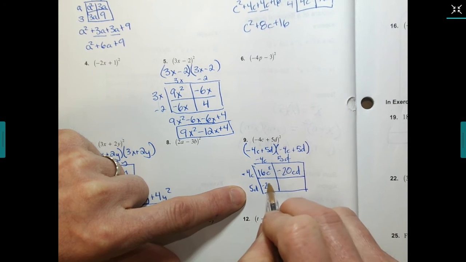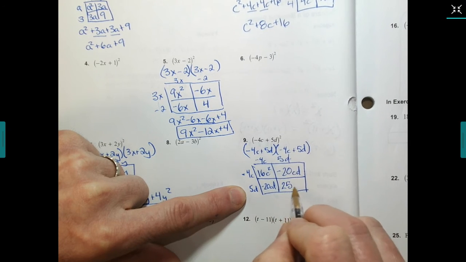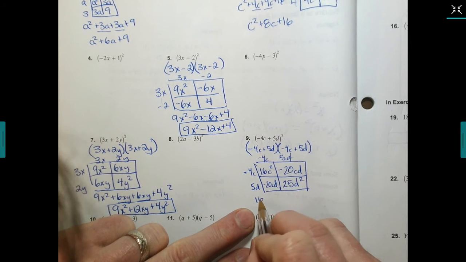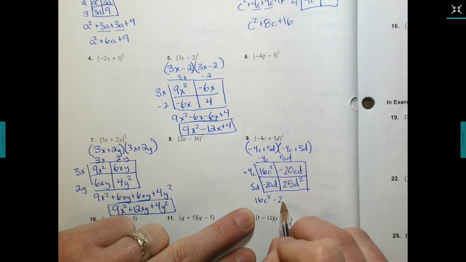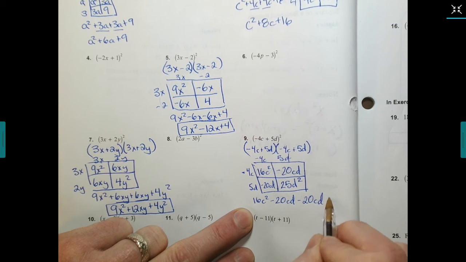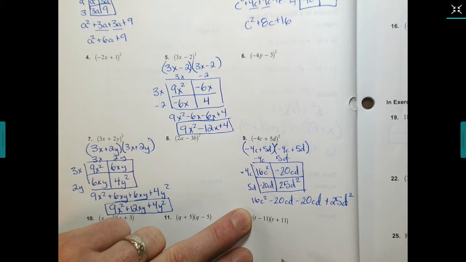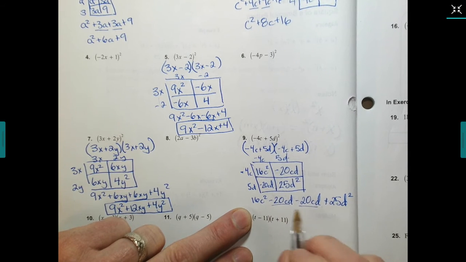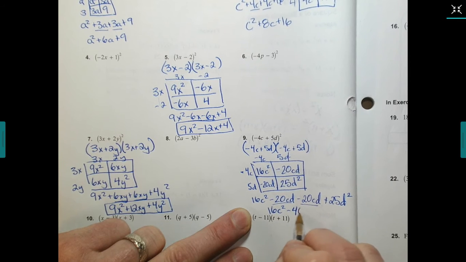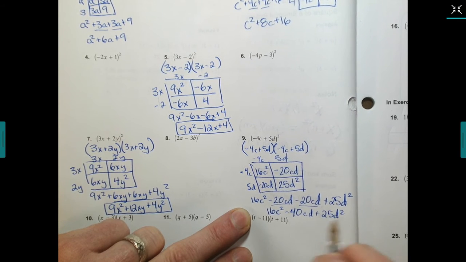Another negative 20cd. Then I have a 25d squared. So I have 16c squared minus 20cd minus 20cd plus 25d squared. Combining my like terms, I have 16c squared minus 40cd plus 25d squared.